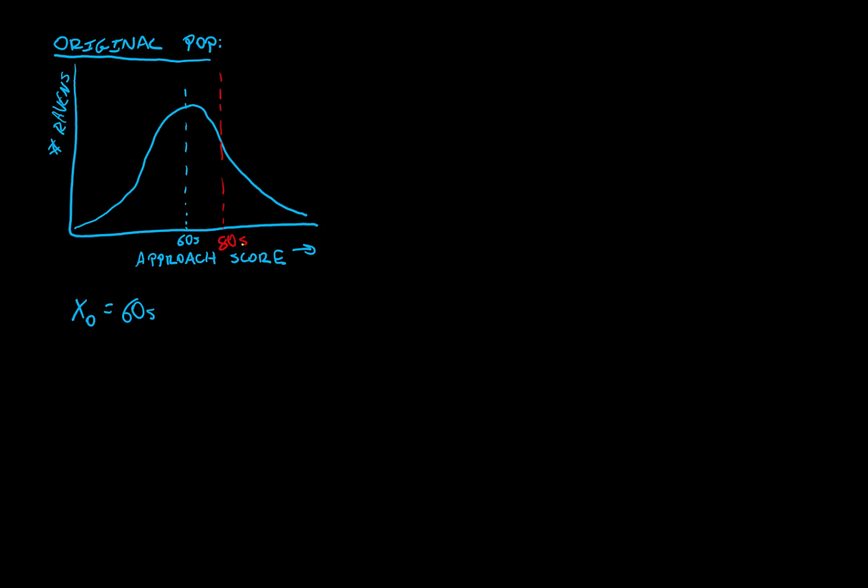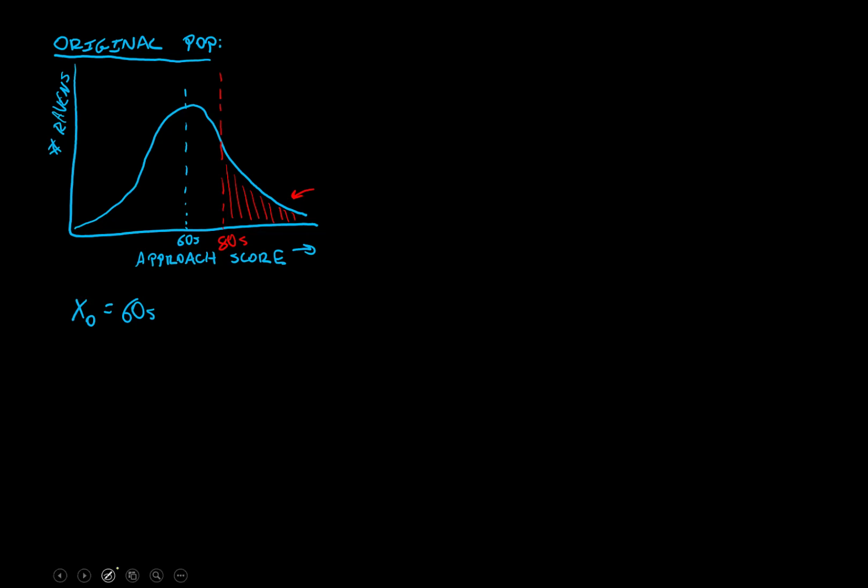Only birds with approach times of greater than 80 seconds are going to be allowed to breed, which means only the birds in this part of the curve will be allowed to reproduce. Nobody on the left side of that line is going to be allowed to reproduce.